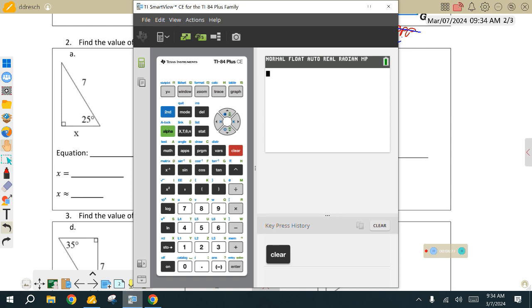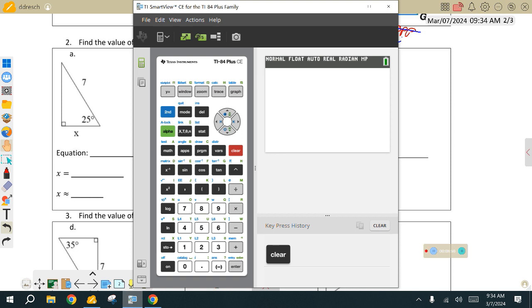Every once in a while, I don't know, it just flips. So you need to occasionally check to make sure everybody's calculators are still in the same mode. My backups that I gave to Nevaeh, those usually always stay on degree mode. But the 84 models, those are the ones, I've done it for enough years, for whatever reason, every once in a while, they'll flip on you.